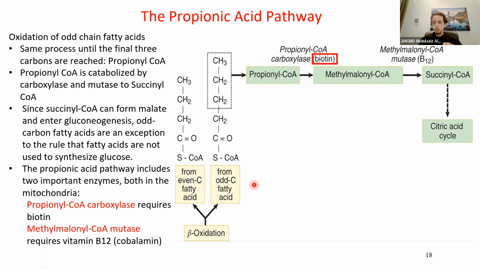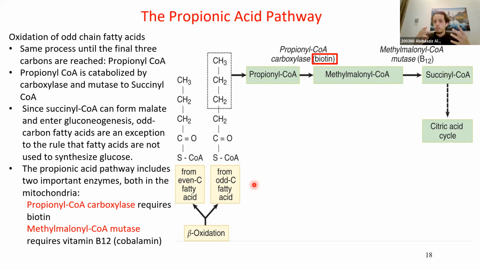So each full 4 enzyme reactions will yield acetyl-CoA and a fatty acyl-CoA, which is 2 carbons less. So if we started with a 15 carbon, we reduce it to 13 carbons, and we keep going until we reach 3 carbons. 3 carbons is propionyl-CoA, not acetyl-CoA.